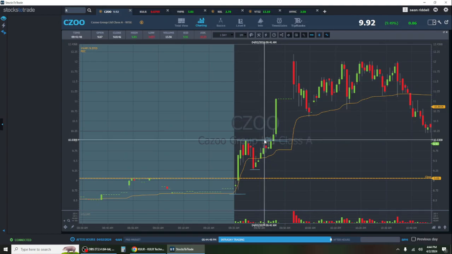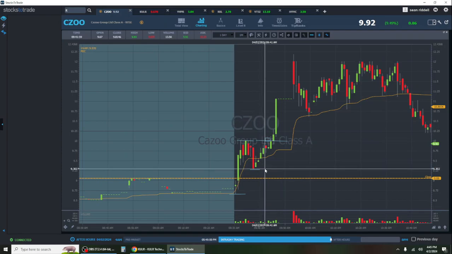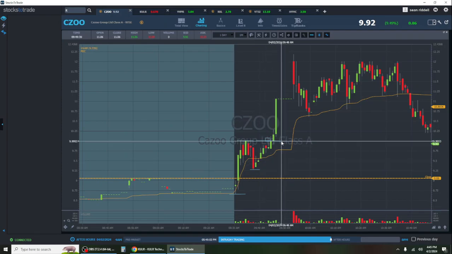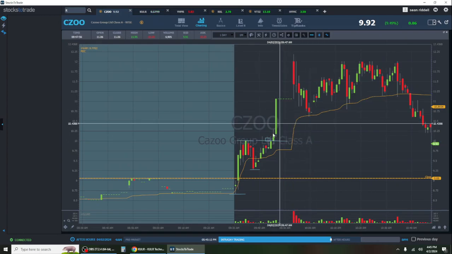And so my target on these is my entry versus my stop times 3. So my entry was 10, my stop was 9.30, so 70 cents. So take 70 cents times 3 equals $2.10. So add $2.10 to 10 and you get 12.10.